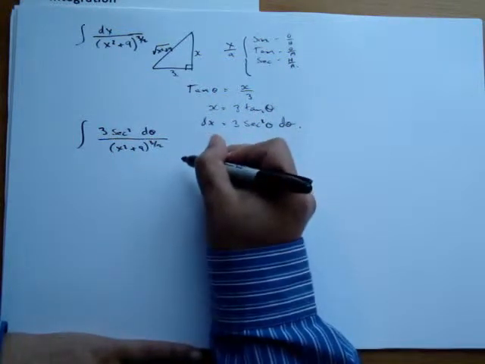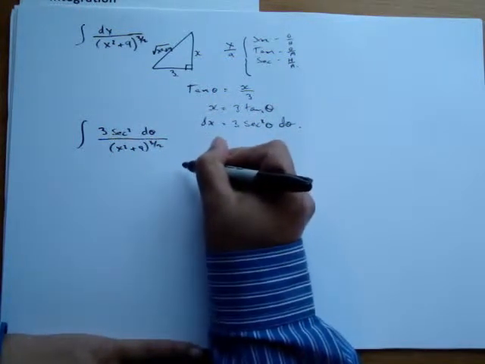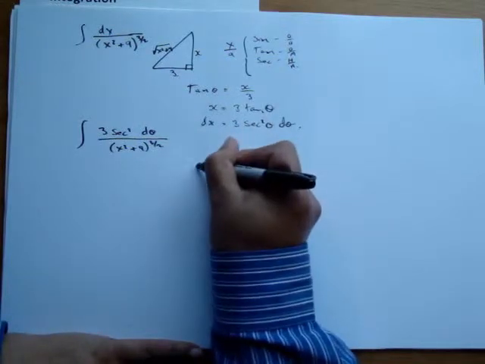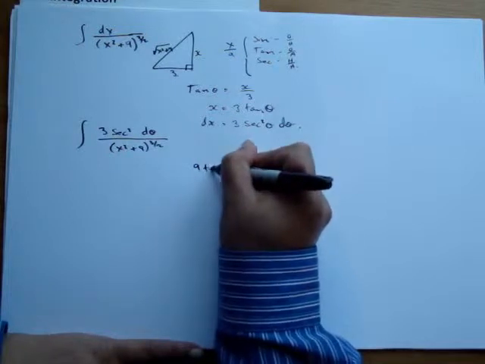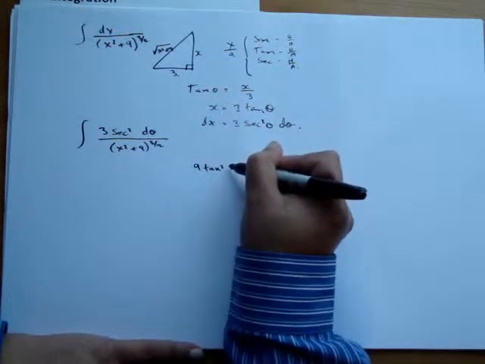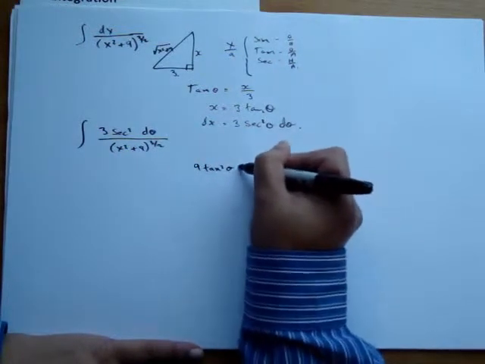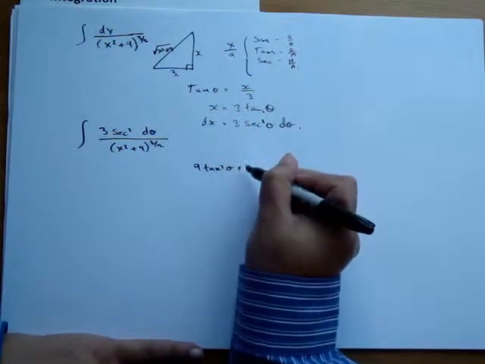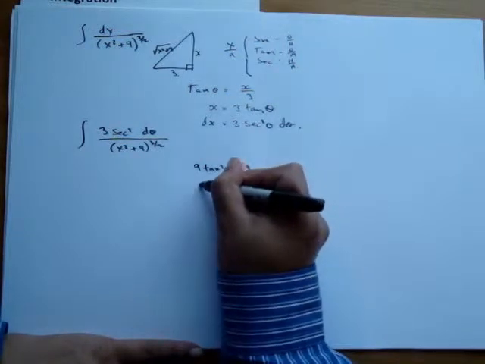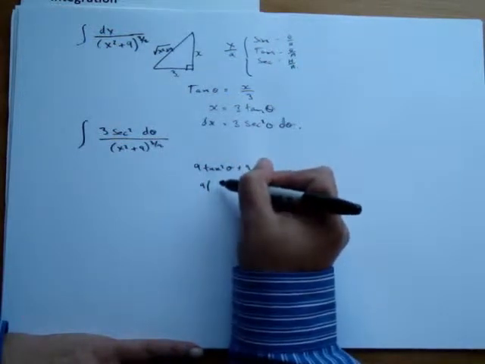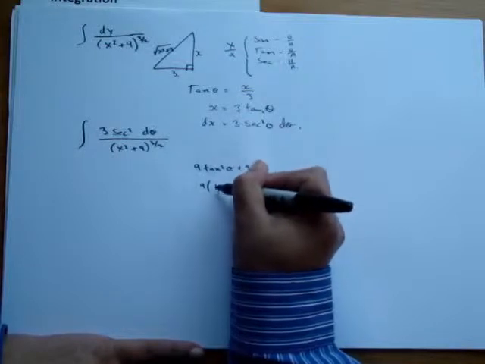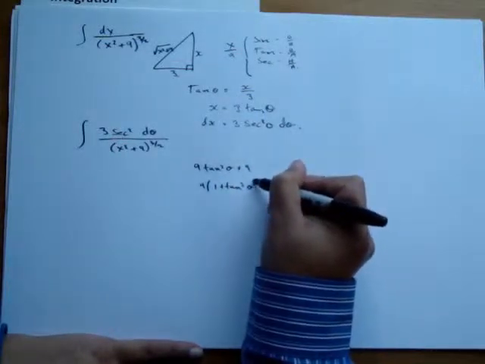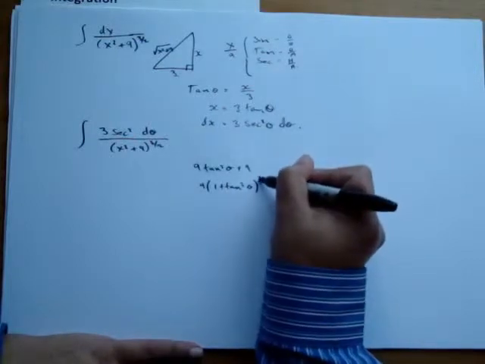The x squared plus 9 becomes, x is 3 tan theta, so that's 9 tan squared theta plus 9, and then when we factor the 9 out, it becomes 9 times 1 plus tan squared theta, to the 3 over 2.